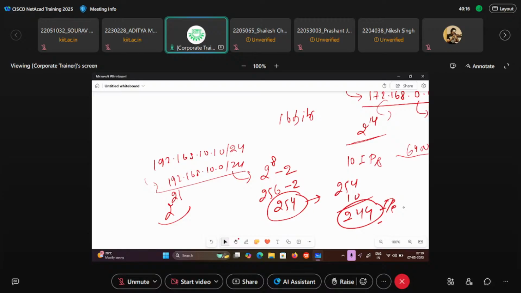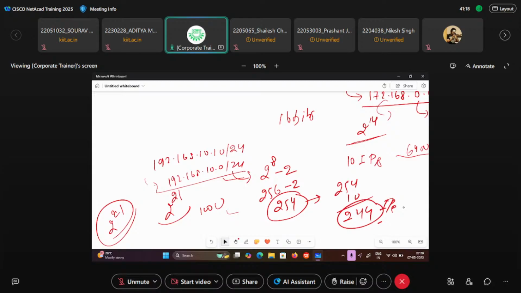Because if you have defined one network and assigned some of the IPs to hosts, for a different network you cannot use those IPs again; you have to take a range from another network. Due to all these problems we were facing earlier, people came up with this concept called subnetting.